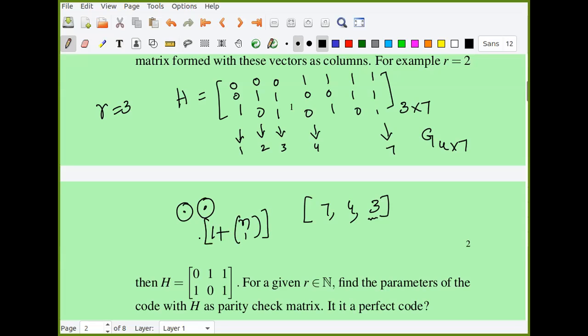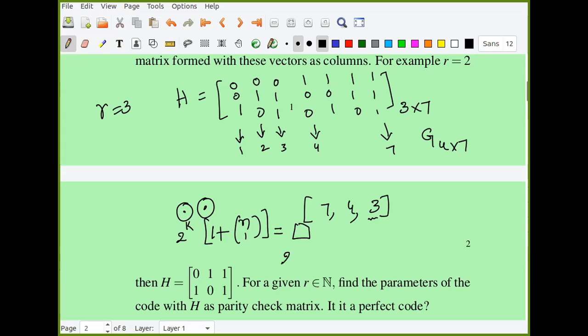Multiplied by the number of code words. So I'll multiply with 2 power k, but n equals 2 power r minus 1. So what is it equal to? That is the question, right?